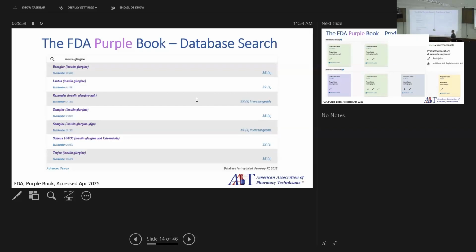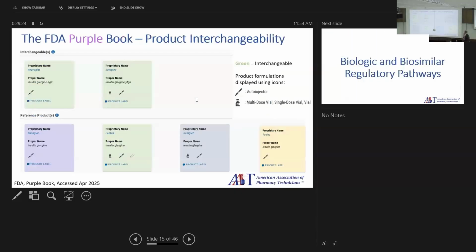So we see that glargine, Lantus, Resviglar, Semglee, Toujeo, Basaglar, and we'll also see on the right side, you'll see 351A or 351K and interchangeable. We'll discuss where that comes from in a few slides. But say we search and select insulin glargine for Lantus. It will show all biosimilars of insulin glargine.